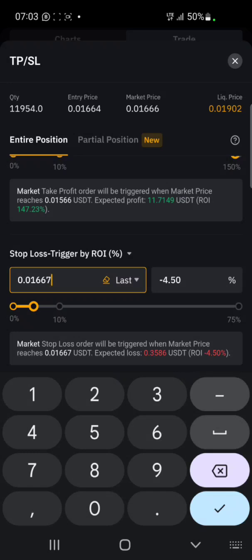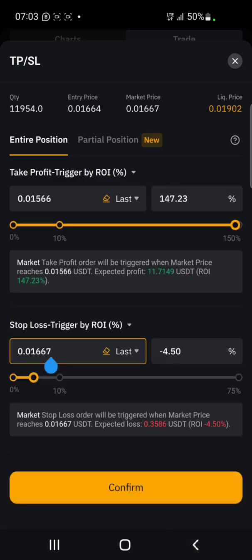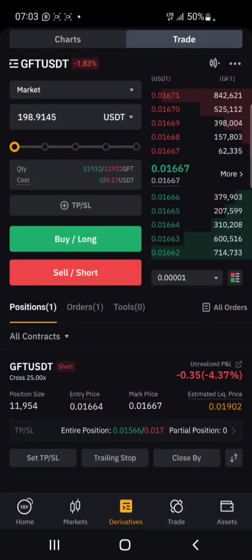So at 0.01667, you'll be saying 0%. That means you are not losing any money, you are not gaining any money. So you are still on the trade, but you are not losing or gaining. You understand? The reason why we say that is because on a trade, we can't predict that the trade will go 100% of the signals we give you.